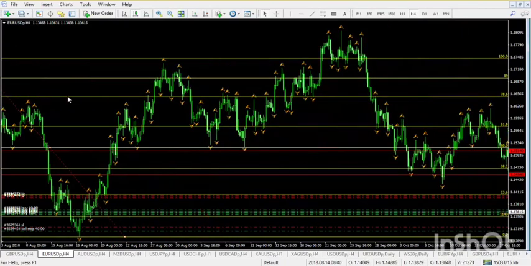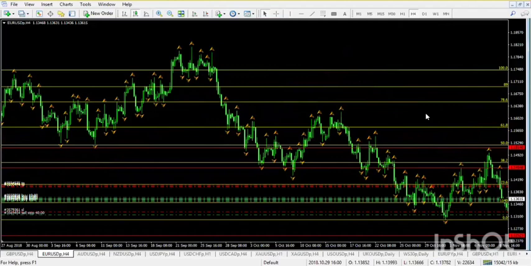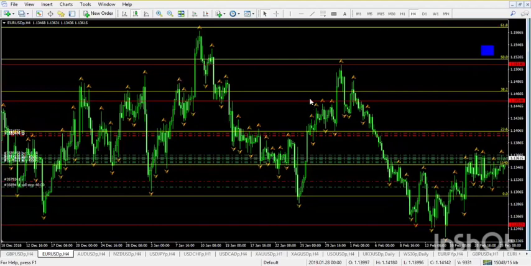I'm talking about the long-term trends and overall trends. See, the trend has ended here. It has touched 100 and it has reversed, and it has been above the 100 level. Don't mix them up together.